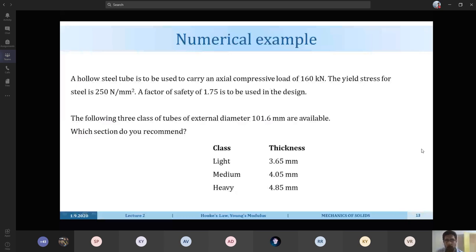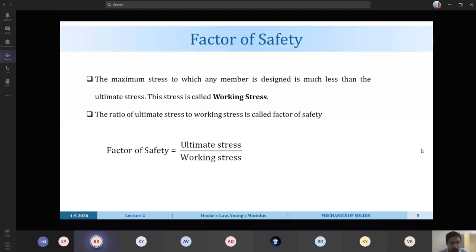Did you solve this problem? Sir, that factor of safety thing, that one I can't understand, sir. Okay. So factor of safety is defined as the ultimate stress to the working stress. Ultimate stress, or we can say the yield stress.